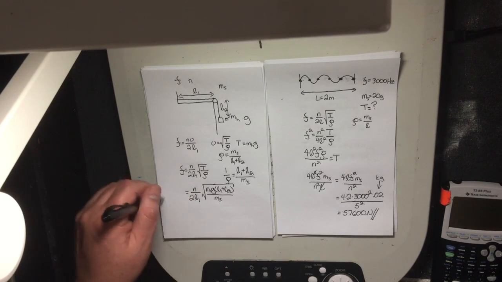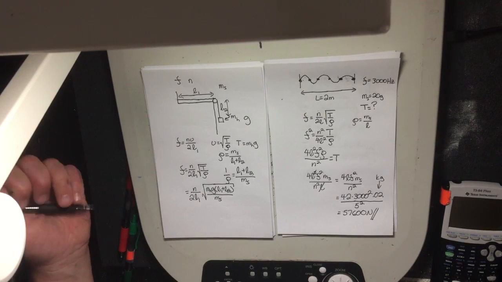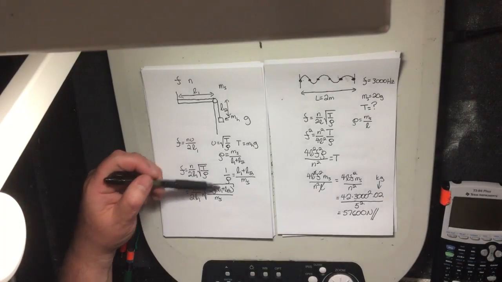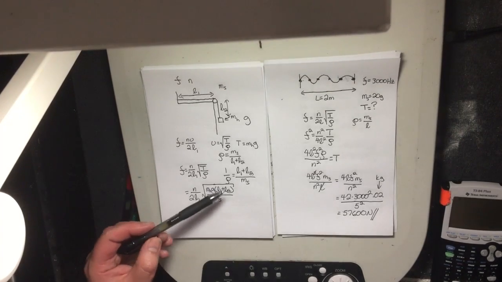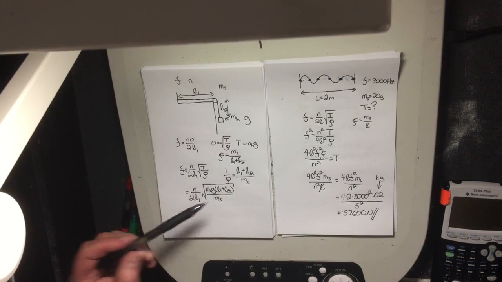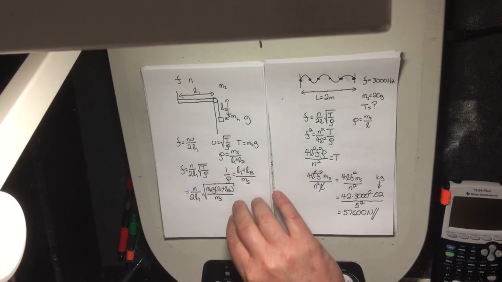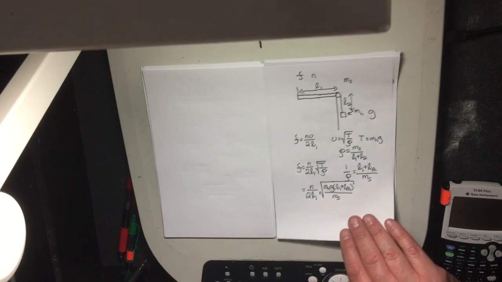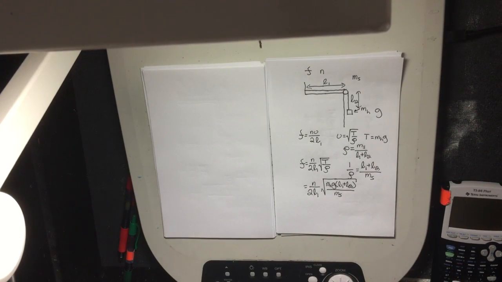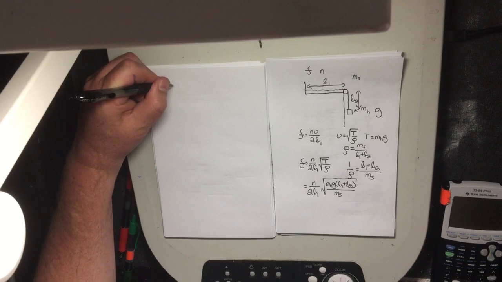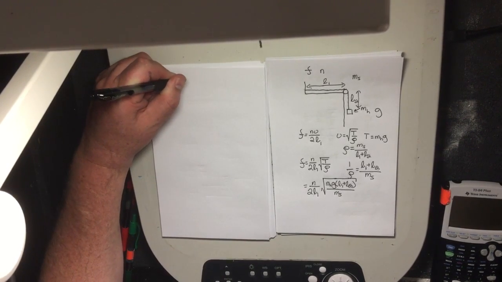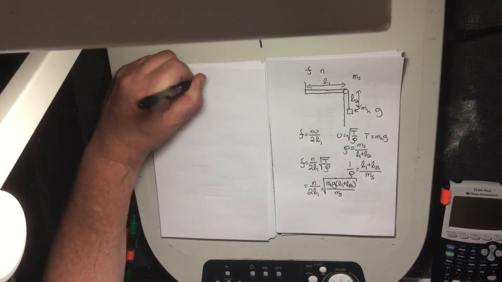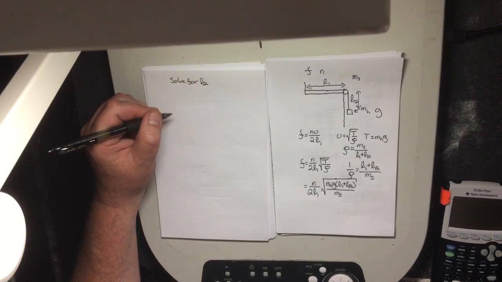Now I can ask for any of the variables. L1 would be a little bit of an algebraic nightmare to get to. That may be a homework problem or something. But L2, you can solve for any of these things. Let's do, I don't know, we can do L2. Let's say solve for L2.